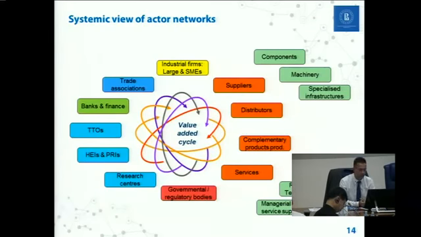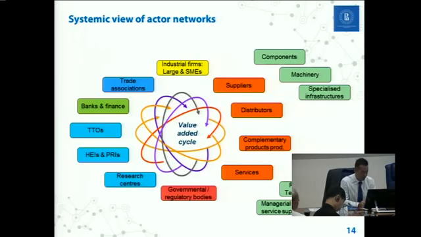There are services which provide necessary skills and education to the system, like training, knowledge transfer, research and technical skills, managerial and service support, and there are governmental and regulatory bodies. At the same time there are research centers, higher education institutions, public research institutions, technology transfer offices, and an important actor again, banks and finance, because all these ideas need to be financed, so economic models need to be developed. And trade associations certainly have a role to play in this.